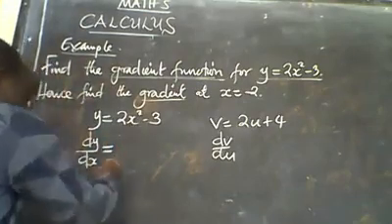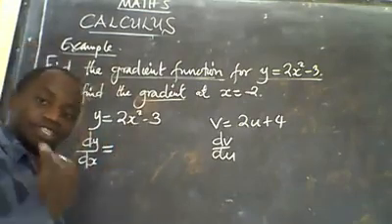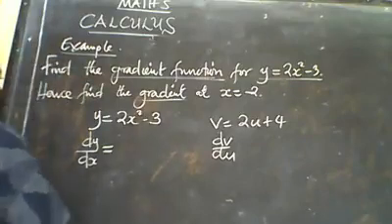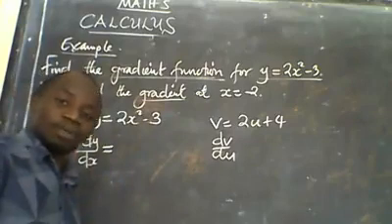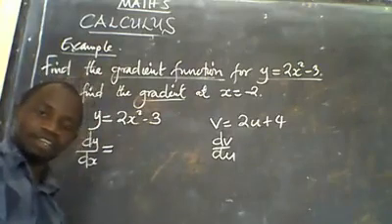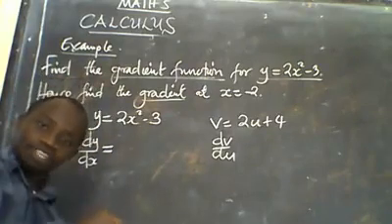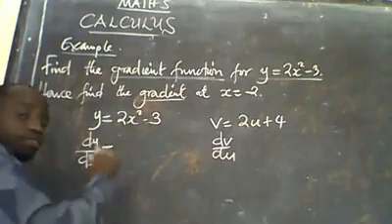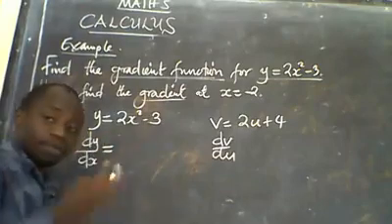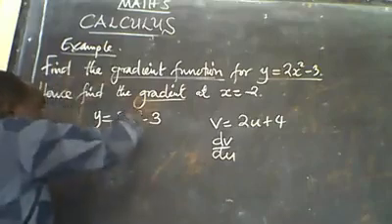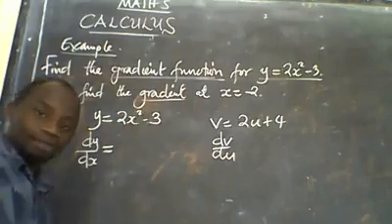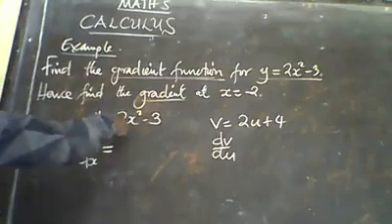So the procedure is this. Slowly, the coefficient here should always be multiplied by the power. That's the first thing. You multiply the coefficient, meaning the number standing in front of a variable, whatever variable you're given, by the power. So in short, I'm saying 2 times 2.